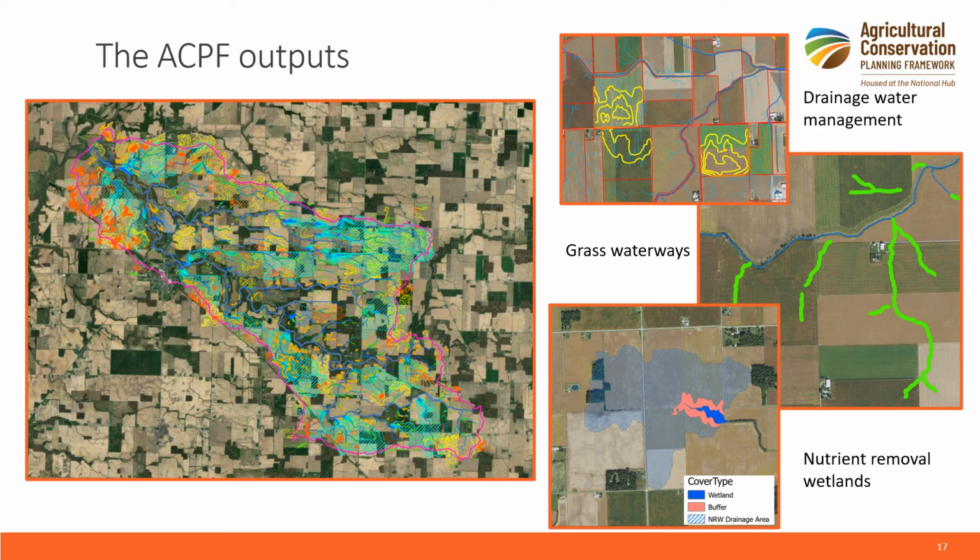On the right, I've just included some screenshots of closer up images of what some of these specific practices look like, just to give you an idea of what some of these GIS outputs look like on the landscape when you're actually zoomed into the field level.